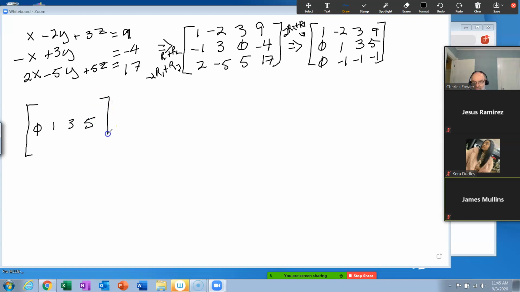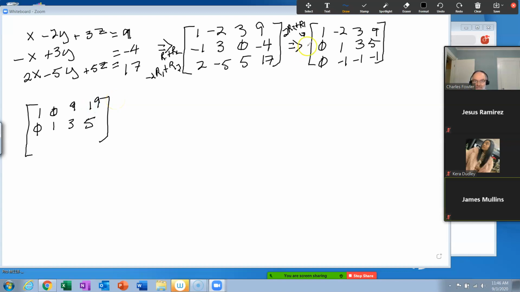We're changing row 1, so let's do the change. 2 times 0 is 0, plus 1 is 1. See, we didn't lose a thing there. But 2 times 1 is 2, minus 2, that gave us our 0 there. Good, that's what we wanted. 2 times 3 is 6, plus 3 is 9. Ooh, that's getting big. And 2 times 5 is 10, plus 9 is 19. Boy, that's getting out of hand, isn't it?